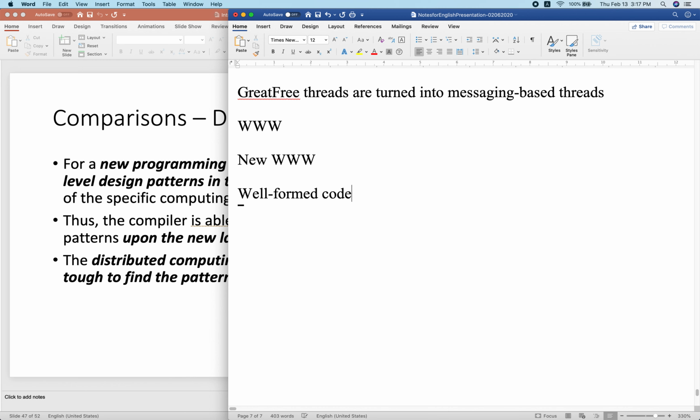Well-formed code is different from people, right? Software engineers, human beings, can create code arbitrarily. For example, if we ask people to create a simple server using Java SE, such code looks very different.